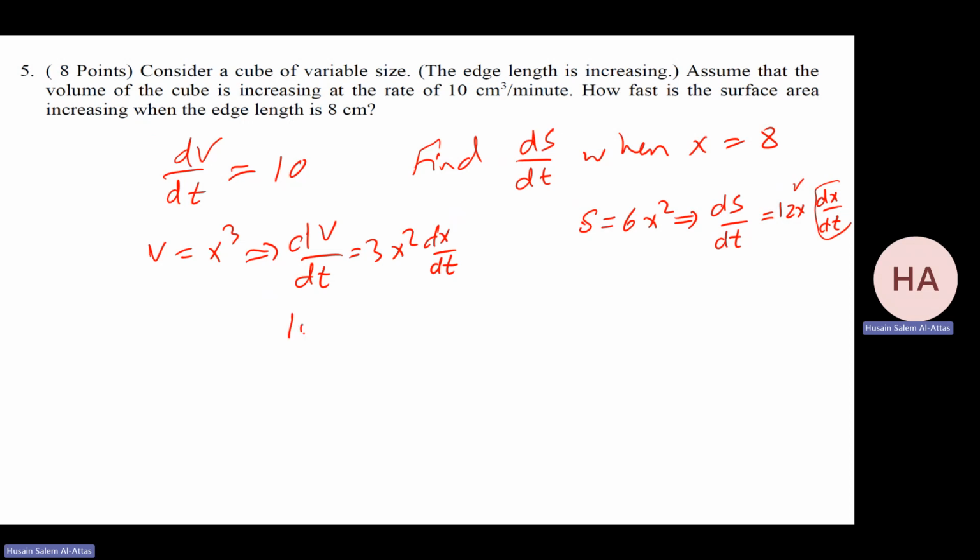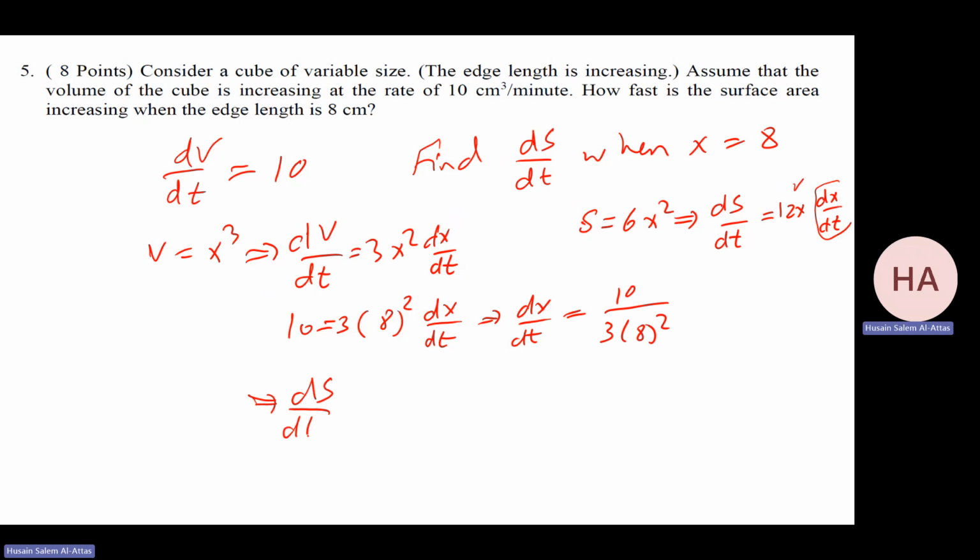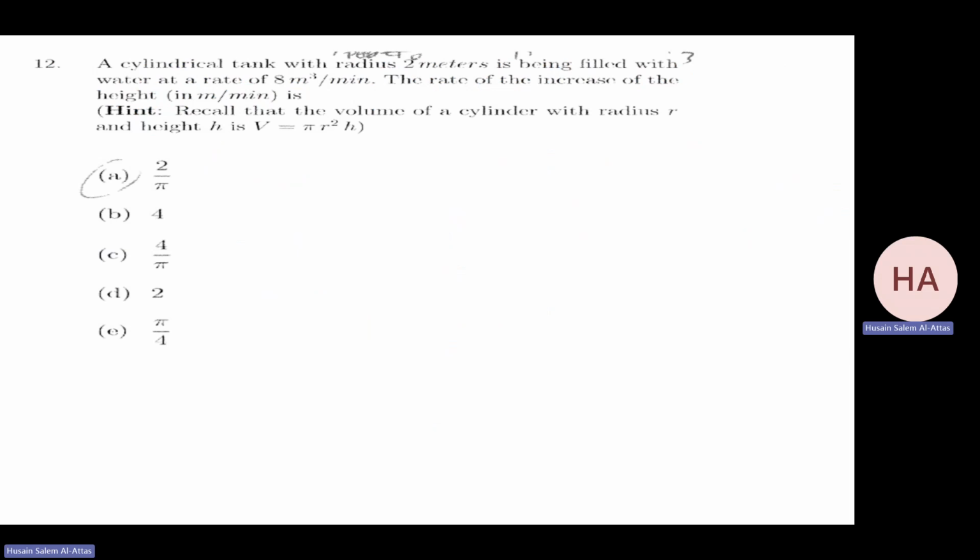I have 10 equals 3 times 8 squared times dx/dt, which simplifies to dx/dt equals 10 over 3 times 8 squared. So ds/dt will be 12 times 8 times this. Cancel this with this. I have 50. It's a good number.